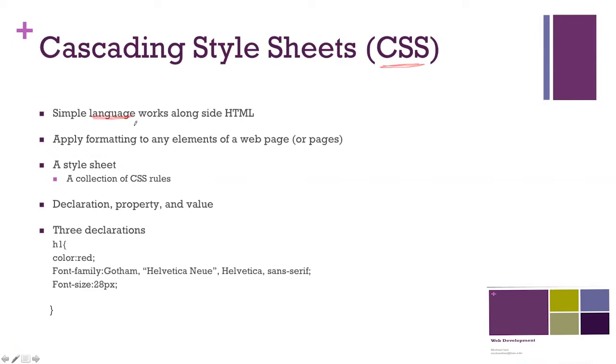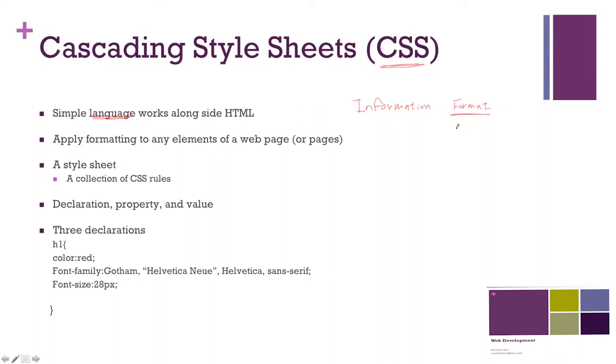So the idea of a web page is the separation of text or information from format. What does that mean? Well, in your Microsoft Word, all your typed content is saved together with your formatting.